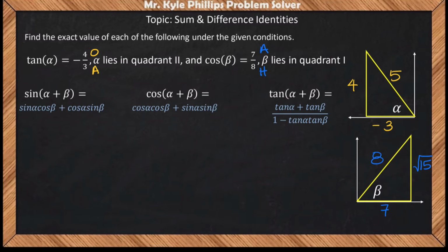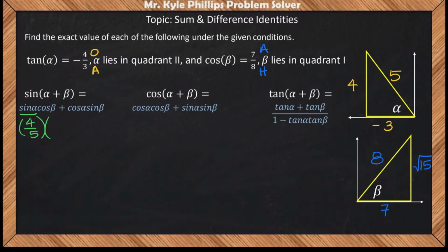Whenever you're doing these sum and difference identities, all you're really doing is just plugging in ratios. So here it says find sine of alpha plus beta. If I come up to alpha here, sine is the opposite over the hypotenuse. So this would be 4/5, and we're going to multiply that by cosine of beta.